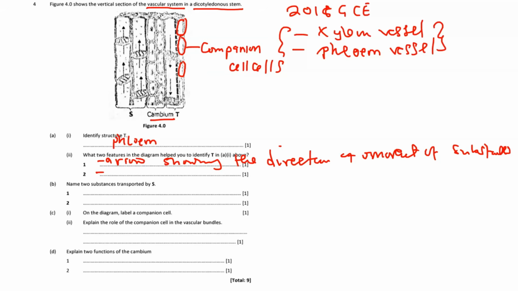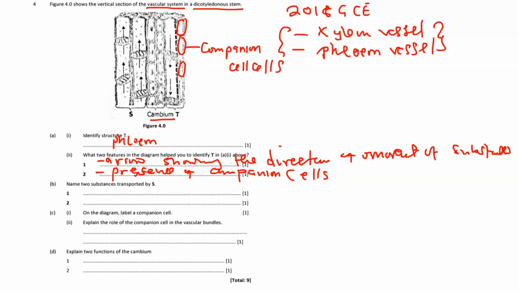Then aside from that, the presence of companion cells. Only phloem has companion cells, okay? And of course, I'm sure we are going to find again the other question concerning companion cells, as we are going to see.